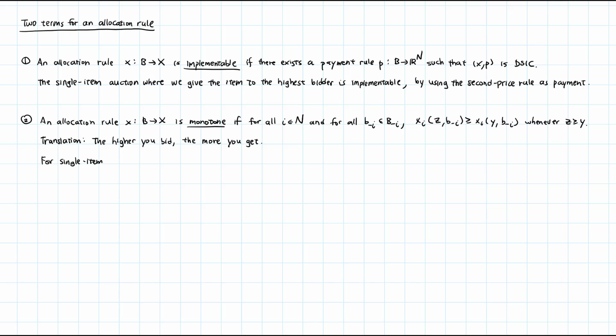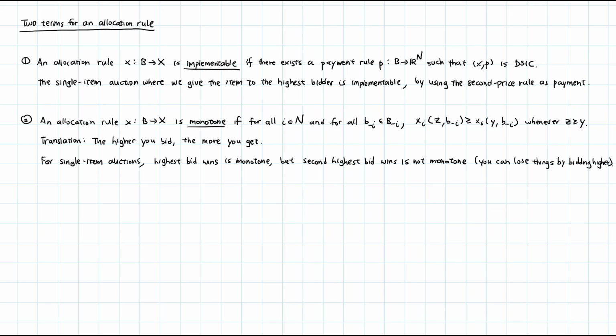For the single item auction, highest bid wins is monotone. But if we change the allocation rule to second highest bid wins, this is no longer a monotone allocation rule. You can lose things by bidding higher. You can check easily that for sponsored search auction, the welfare maximizing rule is monotone.